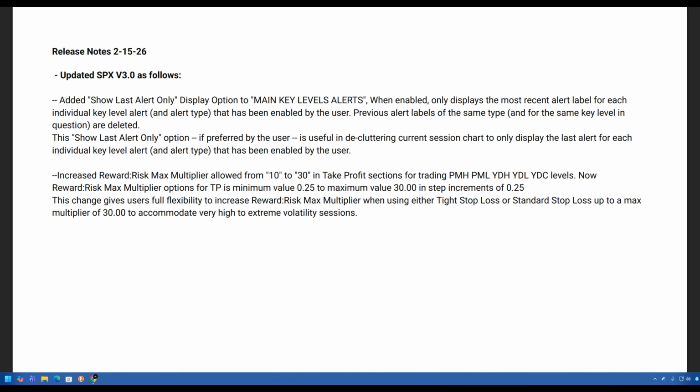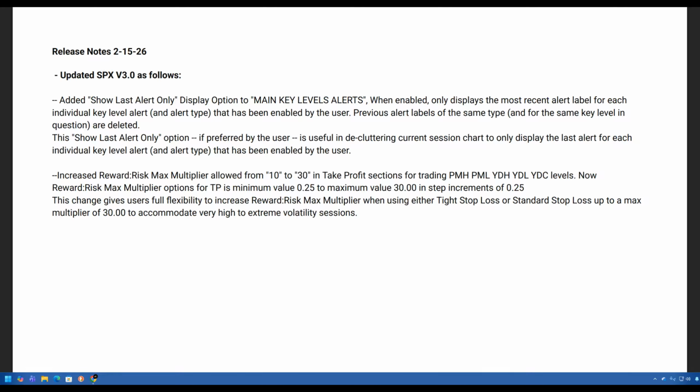So now the full list of reward risk multiplier options for take profit is a minimum value of 0.25 to a maximum value of 30 in step increments of 0.25. So 0.25 would be just for a minimal scalp, and maximum value 30 is for higher volatility to extreme volatility sessions where you want to try to take advantage of a max multiplier move.